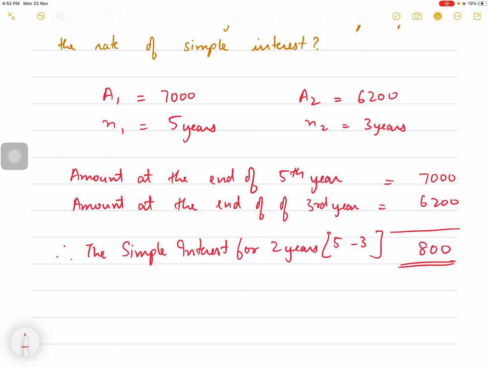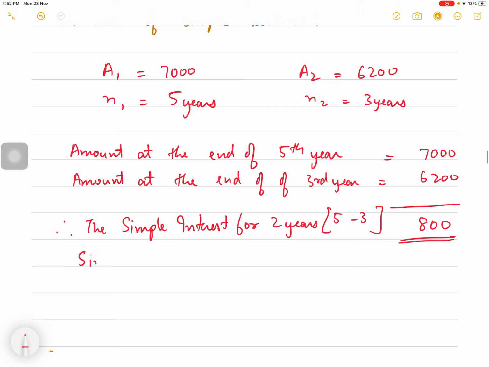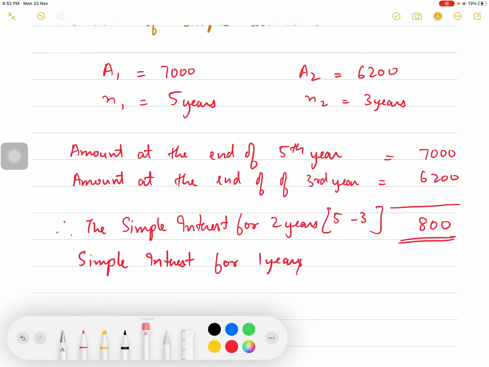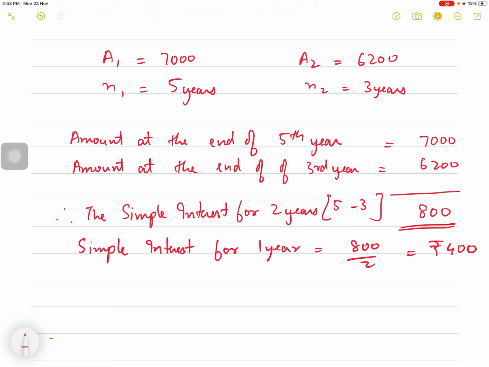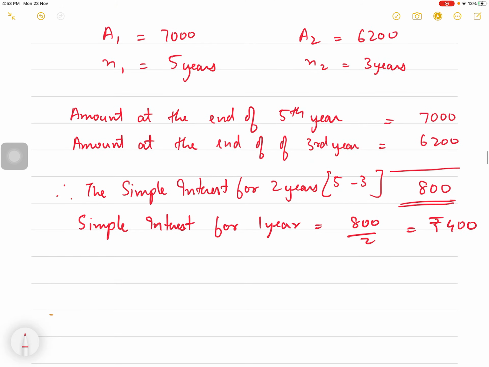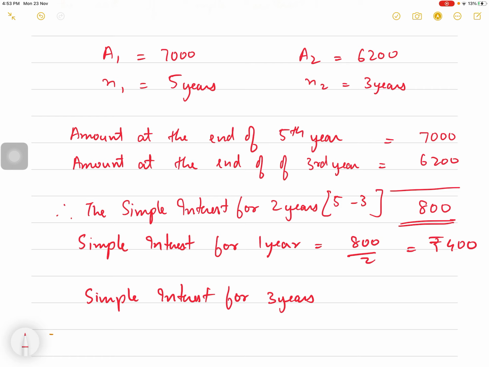That means simple interest for 1 year will be 400. Correct? Now, for 3 years, you can take either 3 or 5, you can take any.